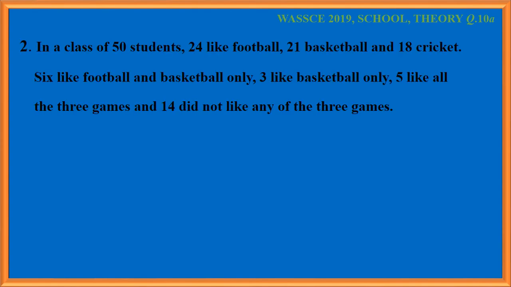For example 2, which is a WASSCE 2019 theory question 10A. In a class of 50 students, 24 like football, 21 like basketball, and 18 cricket. 6 like football and basketball only. 3 like basketball only. 5 like all the 3 games, and 14 did not like any of the 3 games.